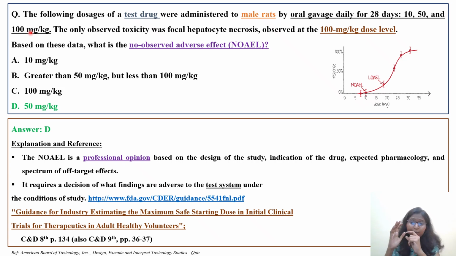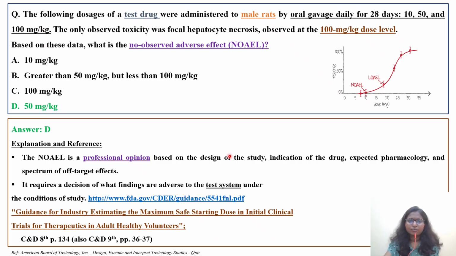At 500 the test system animal has died because of the liver toxicity. So any dose above 100 is causing toxicity. Out of these three doses, 100, 200 and 500, which is the lowest dose at which adverse effects are seen? 100 is the lowest dose, so this will become the LOAEL.